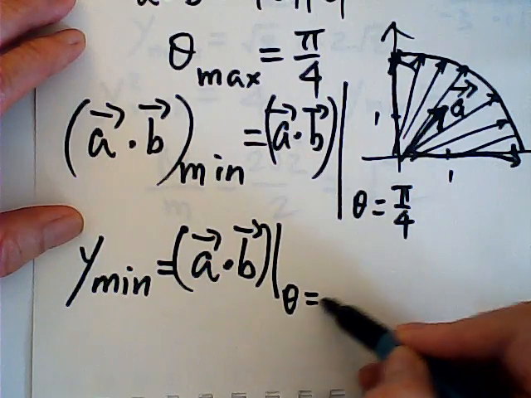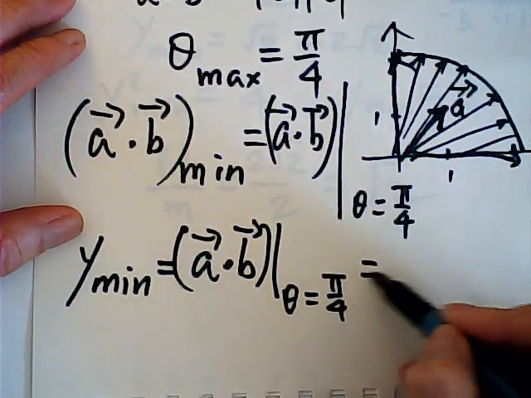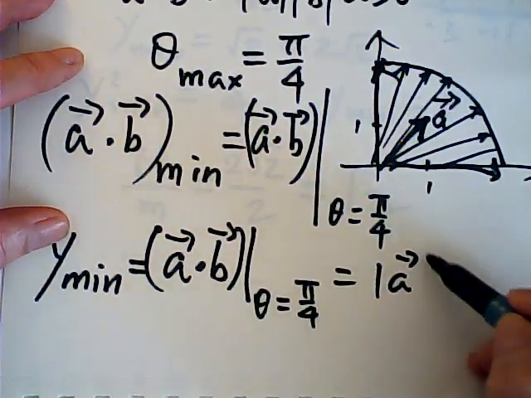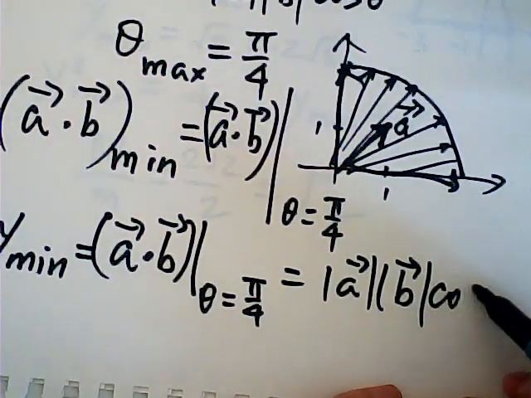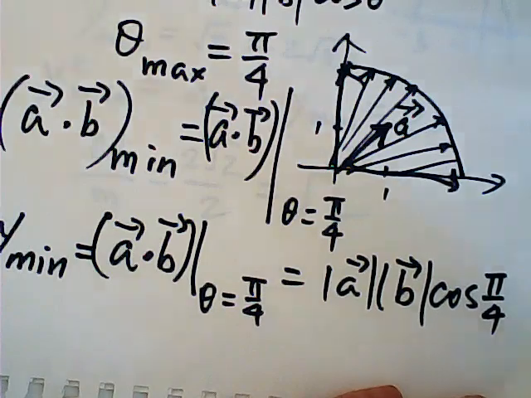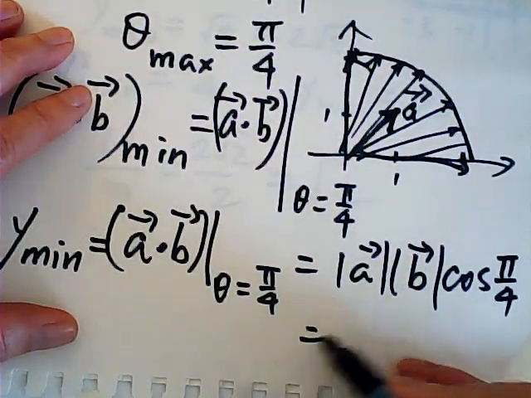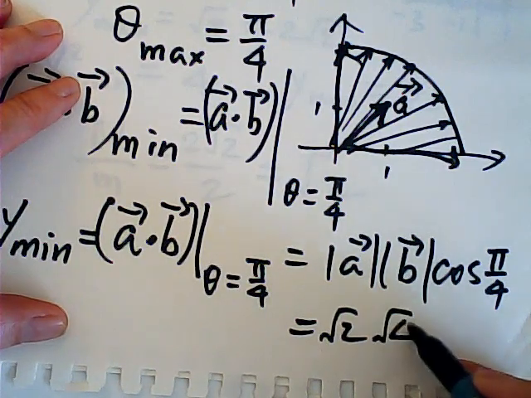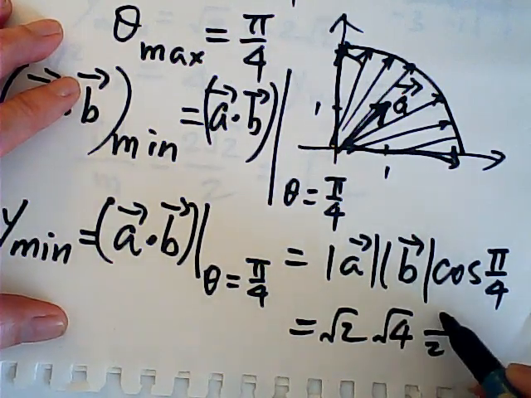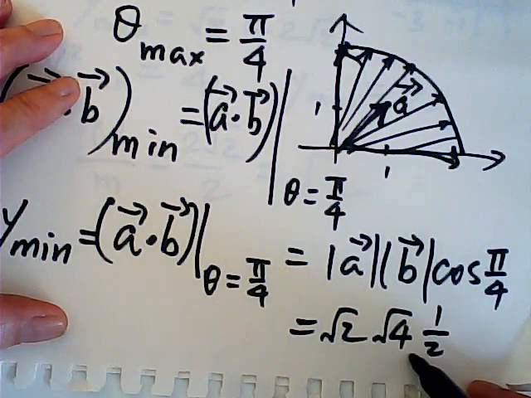Therefore, y minimum is A dot B at the angle quarter pi, which means norm of A times norm of B times cosine quarter pi, which is equal to square root 2 times square root of 4 times 1 over square root 2.